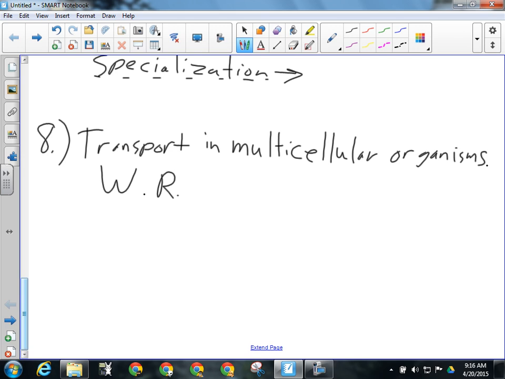Certainly talk about the layers of the leaf, in terms of transport, but also in terms of specialization. So again, the thing with bio, guys, that's different from chem is there's not a lot of skills to demonstrate, but there's a lot of relationships to see or to be able to explain.